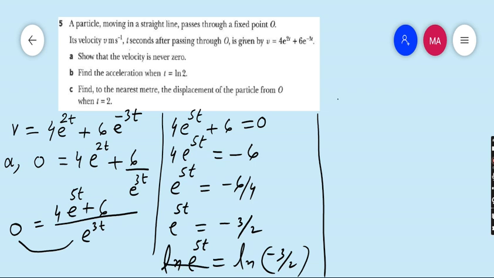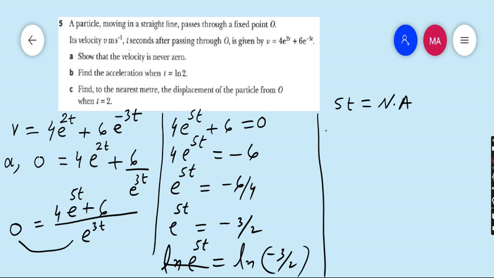ln and e cancel, 5t equals... If you find the value of ln of minus 3 upon 2, ln means logarithm, you will get a math error in your calculator, which is not admissible, because ln can never be defined for a negative value.